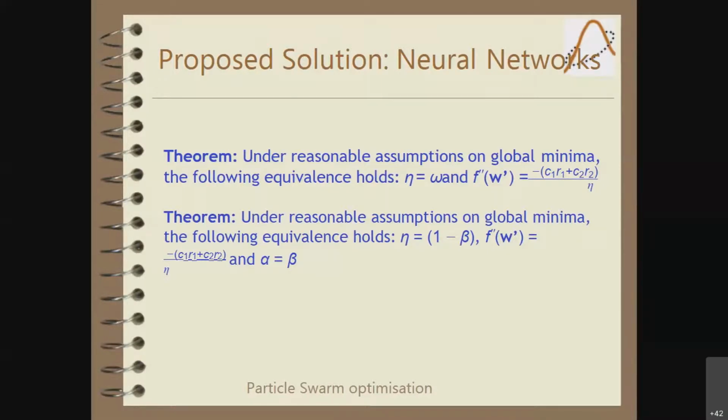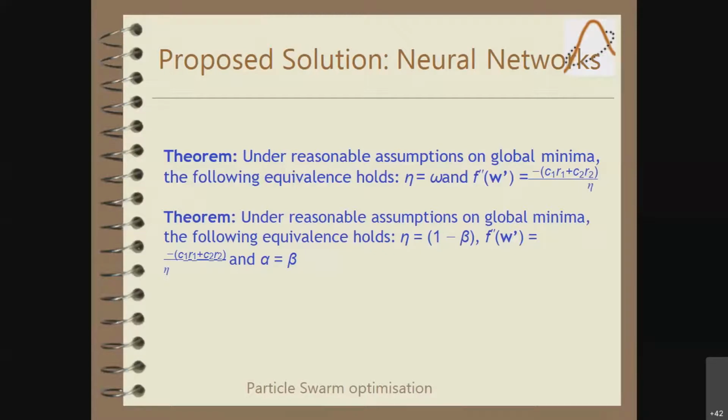Remember your parameters of the particle swarm, C1, R1, C2, R2, right? And the nu in the denominator is just the learning rate in your gradient descent. Don't be confused by this W. This W is not the weight of a neural network. This W is the inertia coefficient that you have seen in particle swarm optimization, okay?